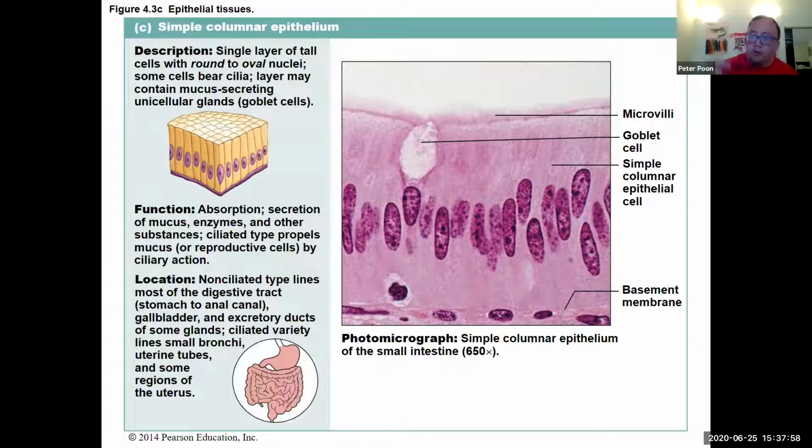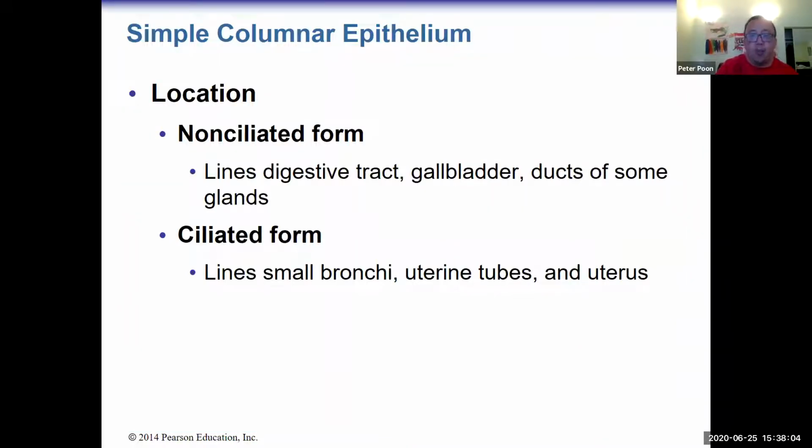And we'll talk about it later exactly how it does that. But microvilli increase surface area. So the ciliated form is in small bronchi, uterine tubes, the uterus; the non-ciliated form is in the digestive tract, gallbladder, ducts of some glands.